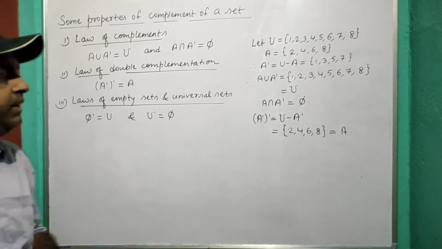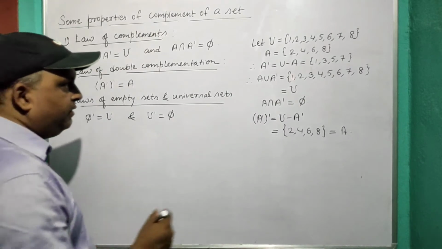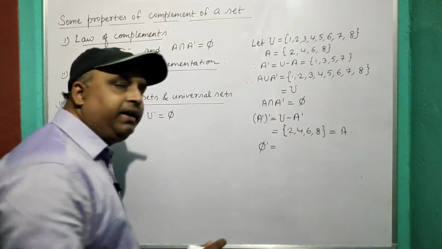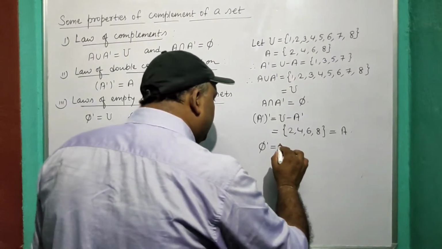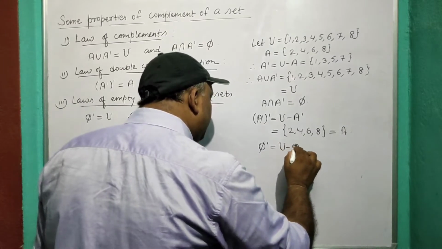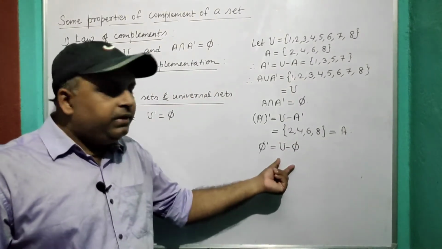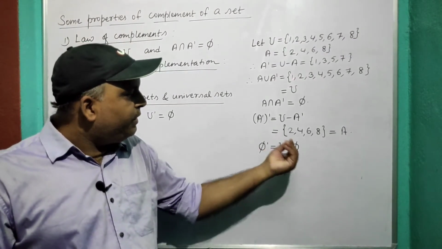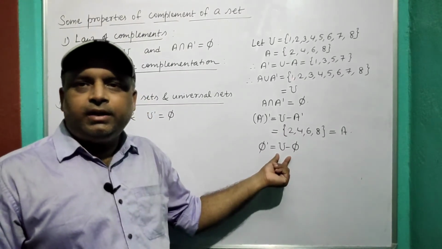These are laws of empty sets and universal sets. Now phi dash, what is phi dash? You can see that when you find the complement of phi, phi is what? Null set. When you find its complement, you subtract this from U. You subtract this phi from U. Now U is universal set and this phi is null set. So when you subtract this null set from U, then you get this universal set itself.